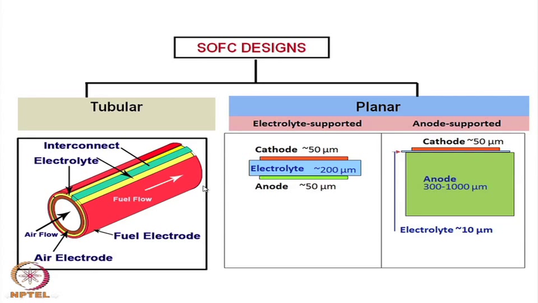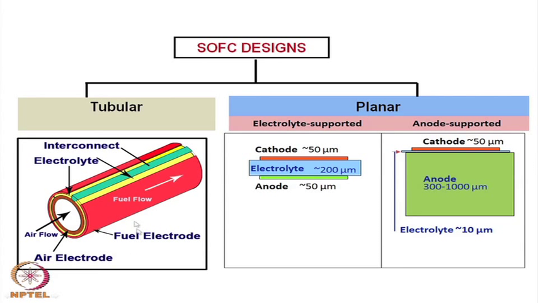So, it becomes easier for the two compartments to be separated once you have a tubular structure. So, that is one way a solid oxide fuel cell, the whole tube acts as a cell, and the fuel is flowing on the outside and the air is flowing on the inside.